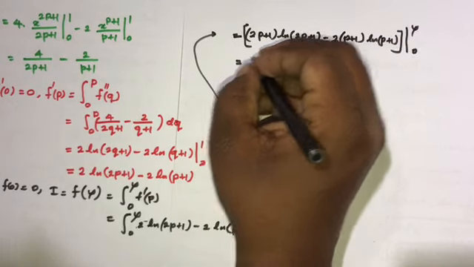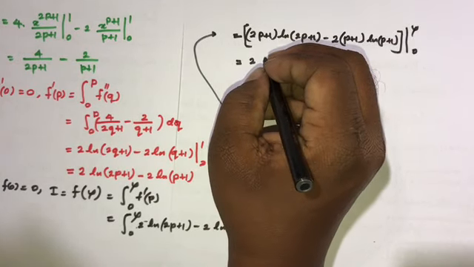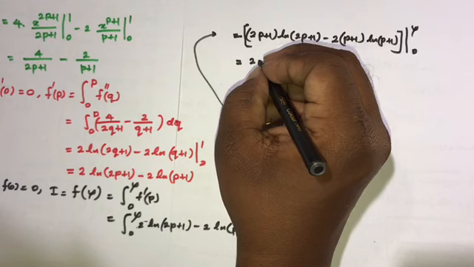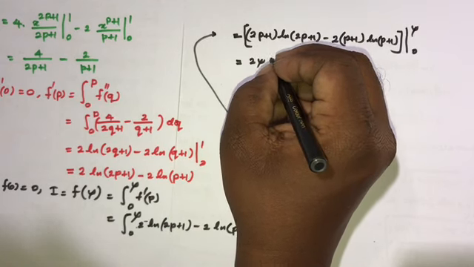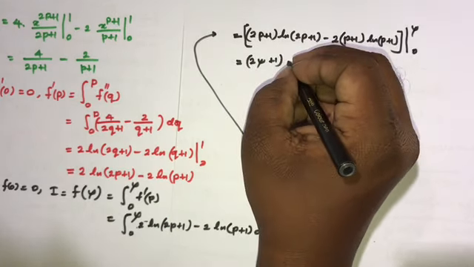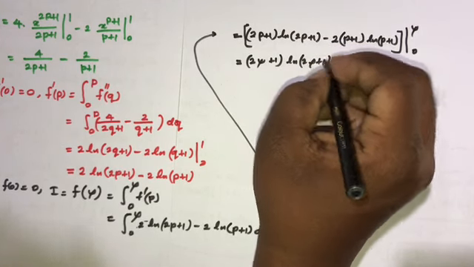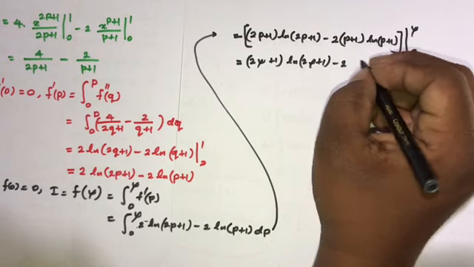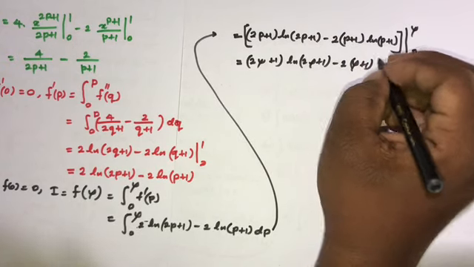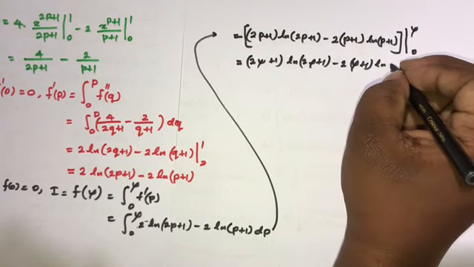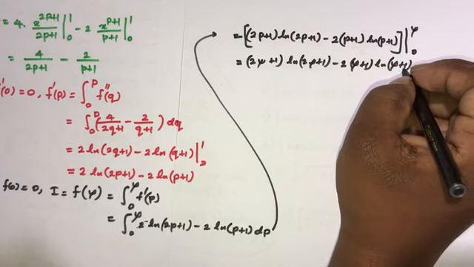Okay, now we can simplify this: (2φ+1) natural log of (2φ+1) minus 2 times (φ+1) natural log of (φ+1).